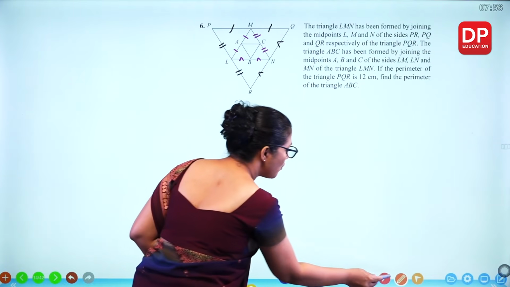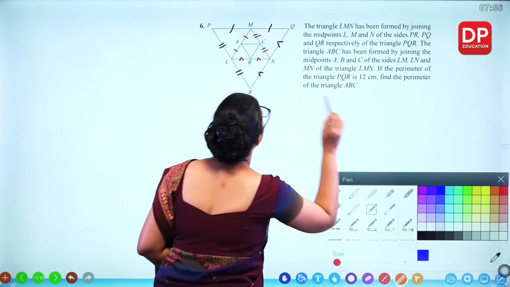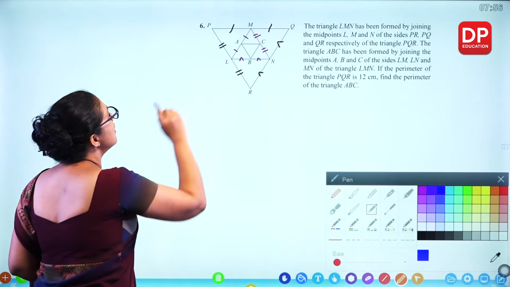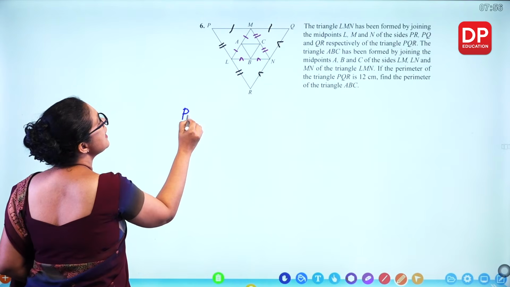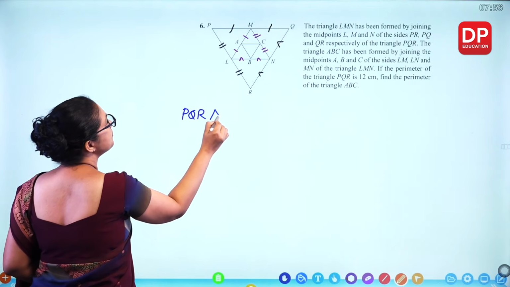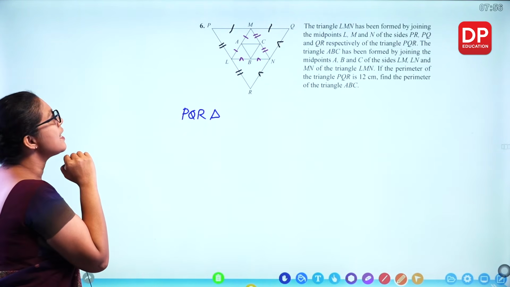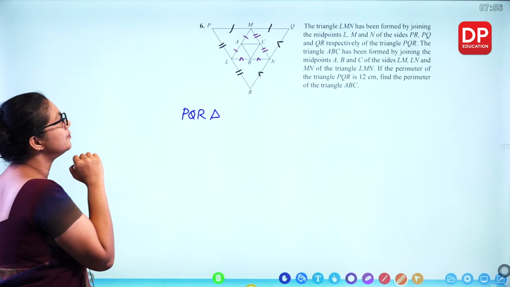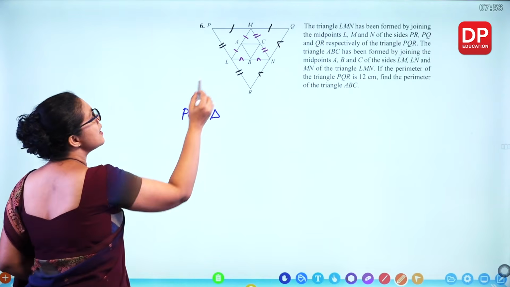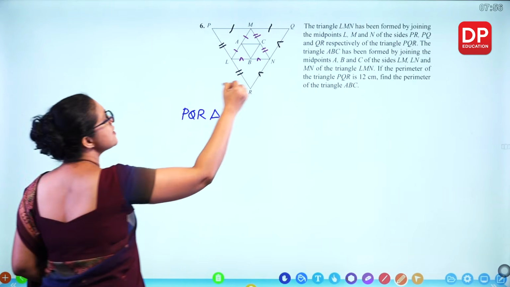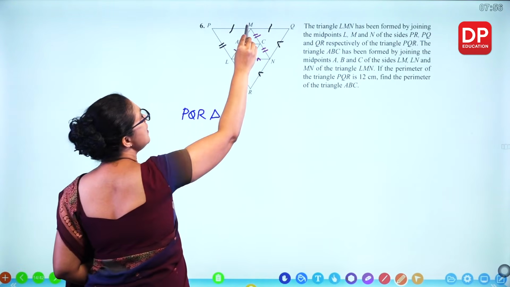Now look carefully. When you look at the big triangle PQR, what can you say about ML? ML length is half of this. And what about this one?